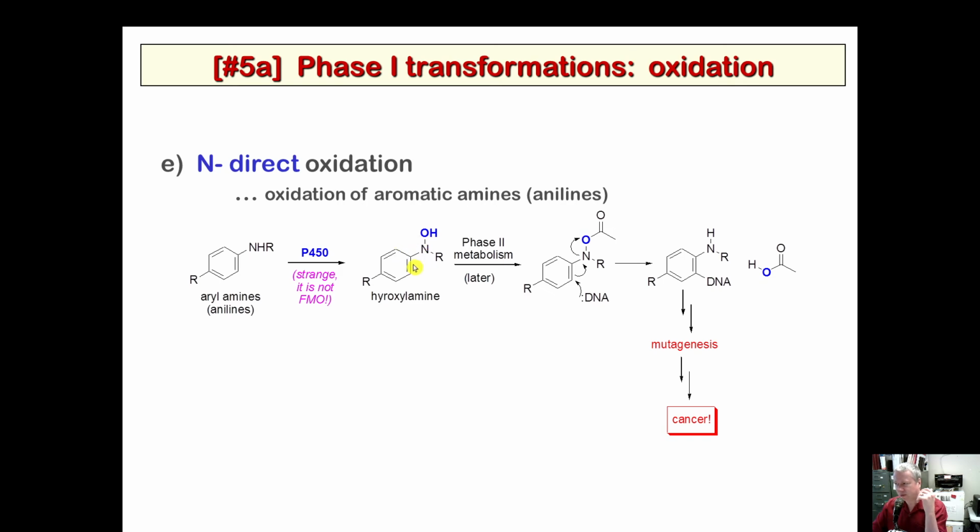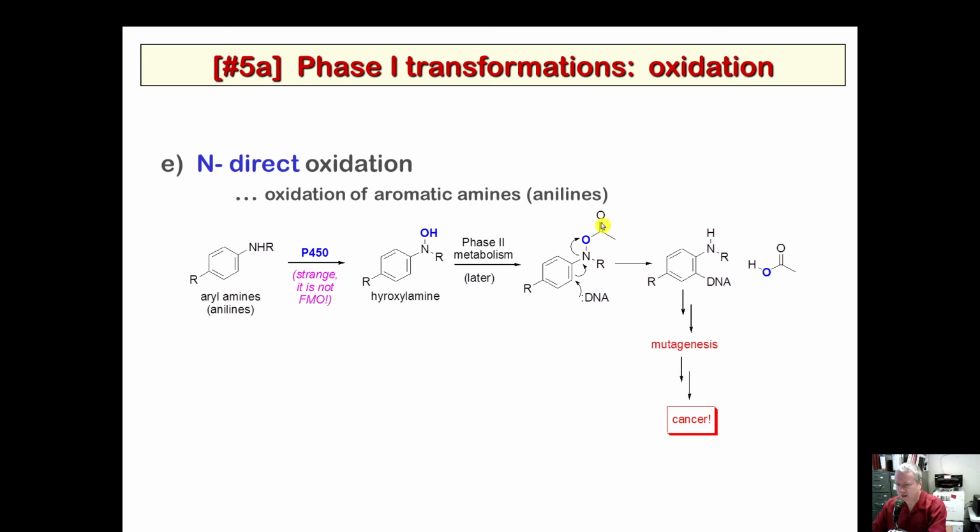And then phase 2 metabolism usually would occur to attach an acetate group. We'll talk about phase 2 metabolism in a second. I think it's acetyl with a cofactor. I just forgot what the cofactor is. So basically acetyl with a leaving group, and then nitrogen or oxygen kicks off the leaving group and makes the acetyl.